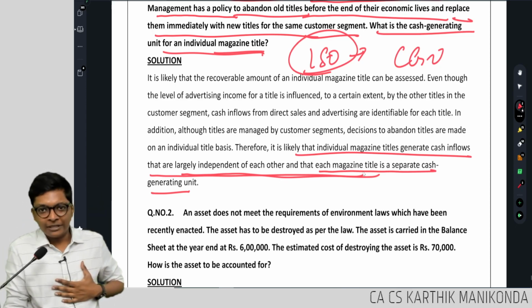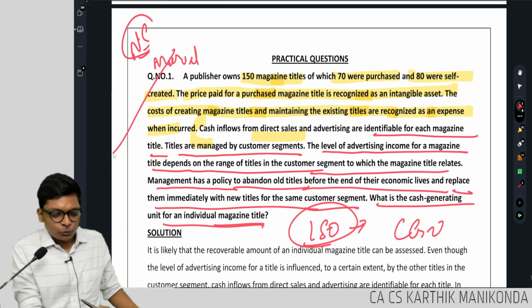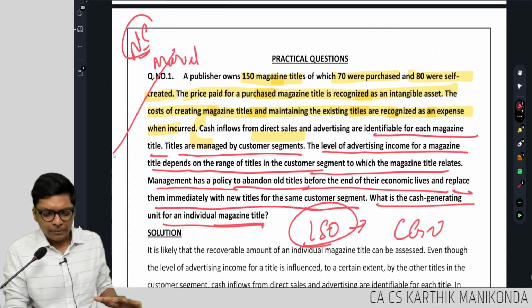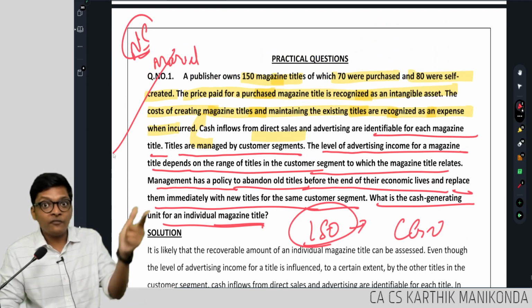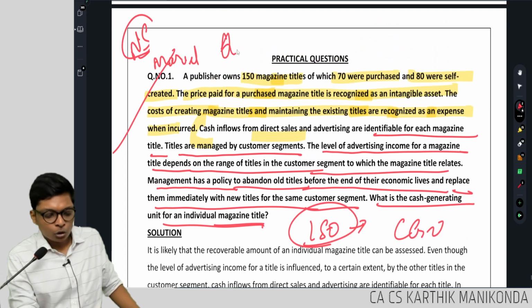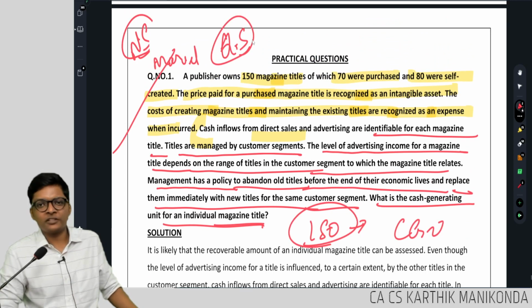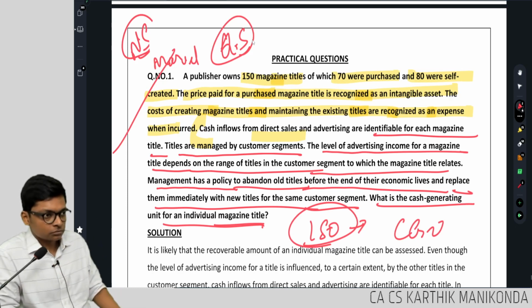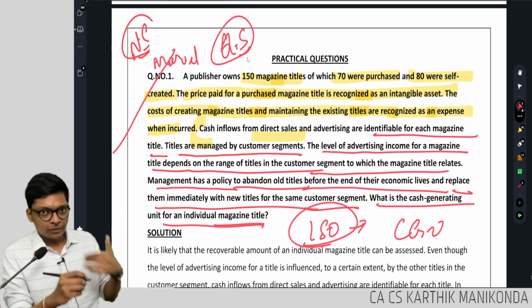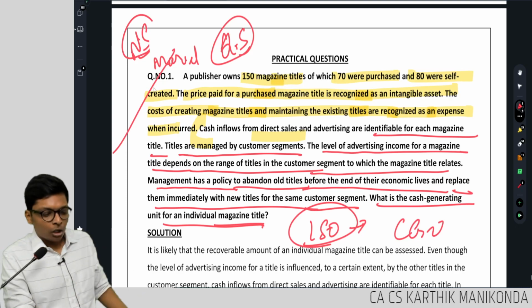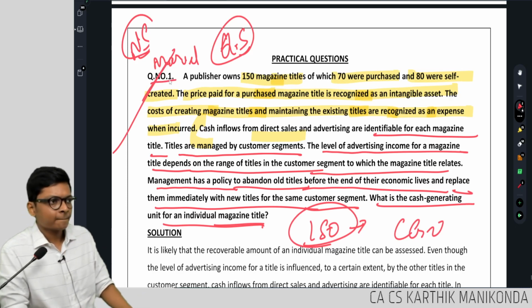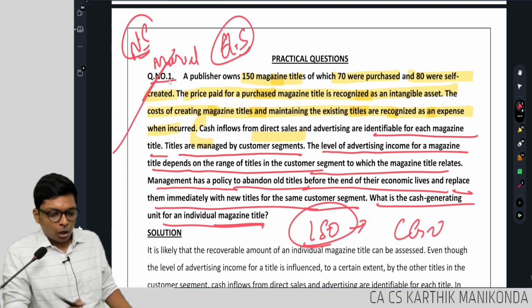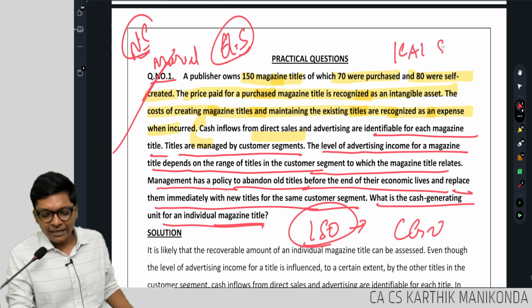Are you getting the question, guys? From where did they bring this question? This is practical question number 1 in your book, question 5 for those who have the book. Depends on which book you have. The book I gave has question 5 or practical question number 1, or in the ICAI study material, it is question number 6.